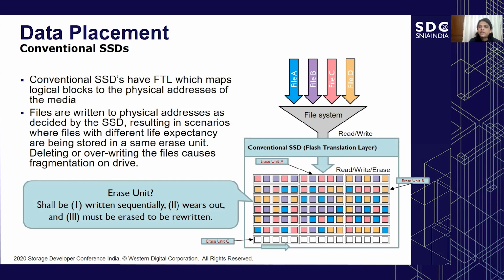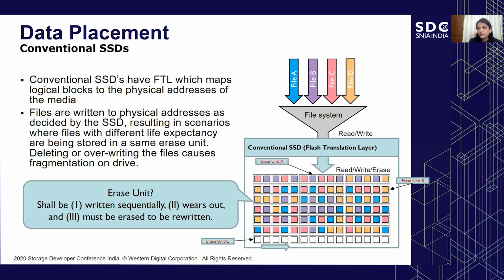So if we intelligently place these kinds of data, it is easier to do garbage collection from the application level. If you look at this picture, we have these files A, B, C, D written here, and they are placed haphazardly in the drive.